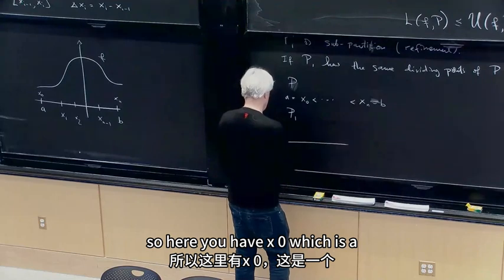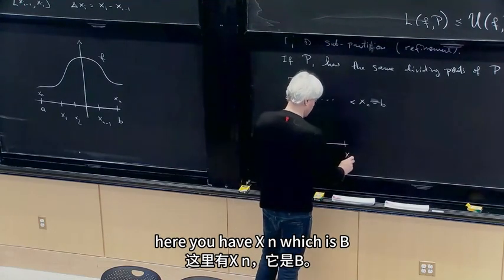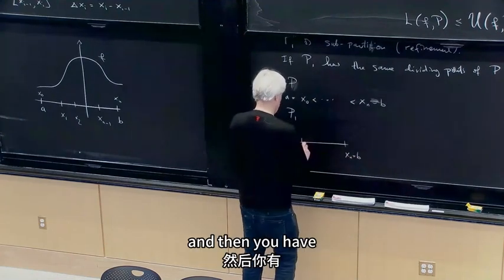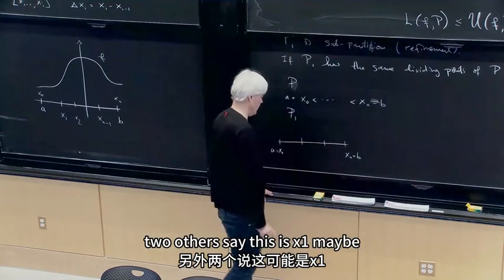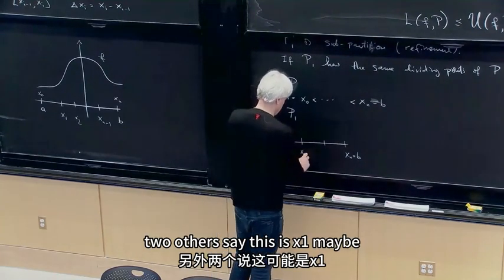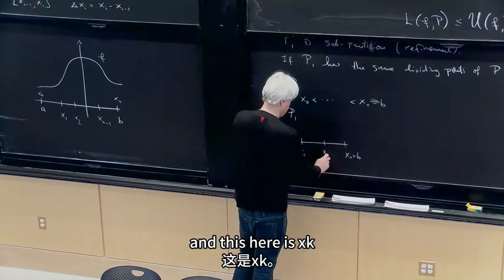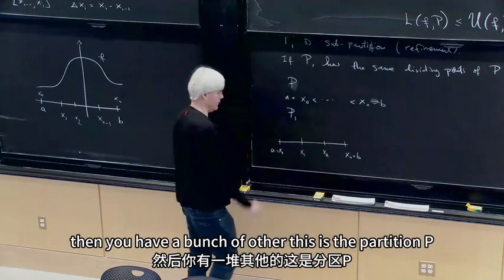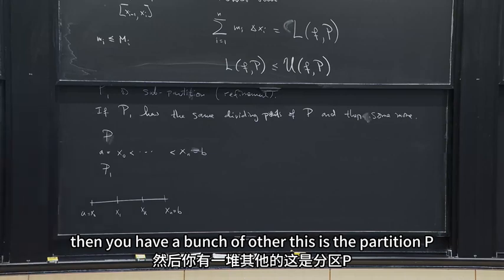So here you have x0, which is a, here you have xn, which is b, and then you have two others, say this is x1 maybe, and this here is xk, and then you have a bunch of others. This is the partition P.